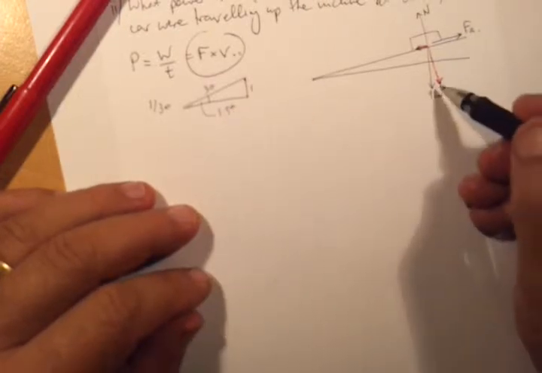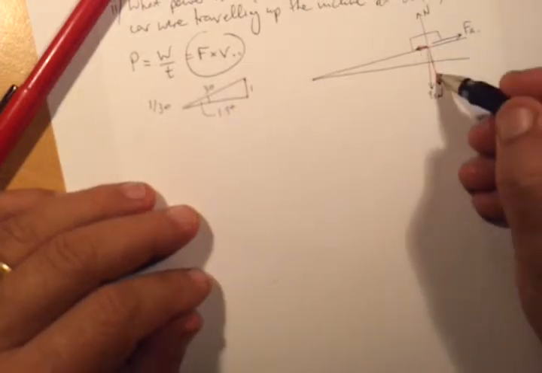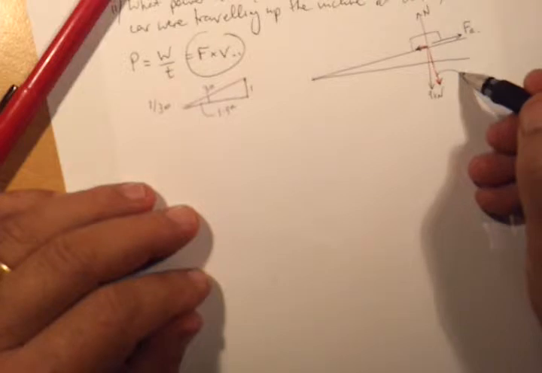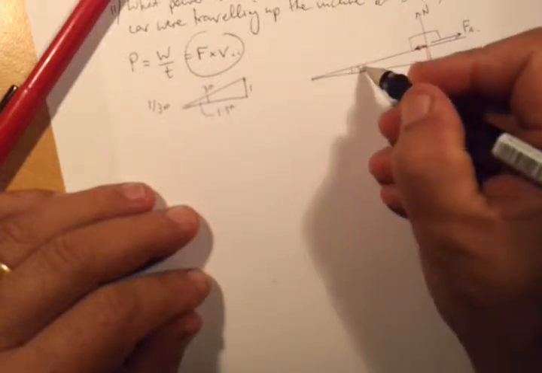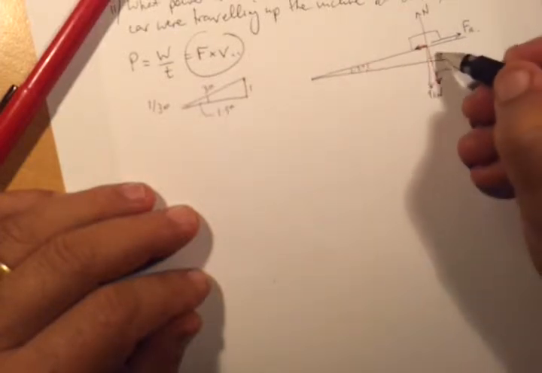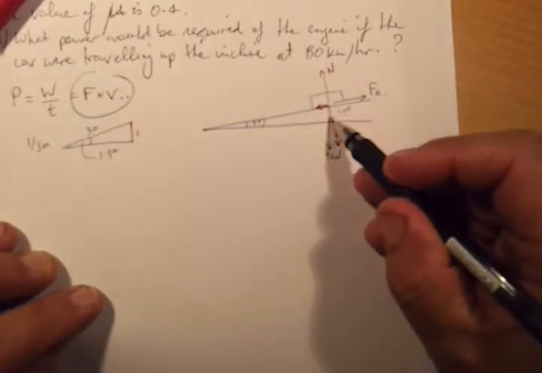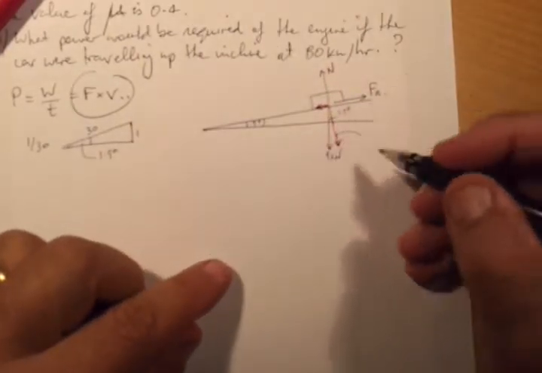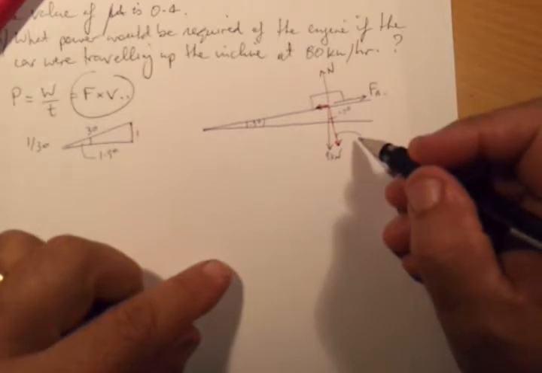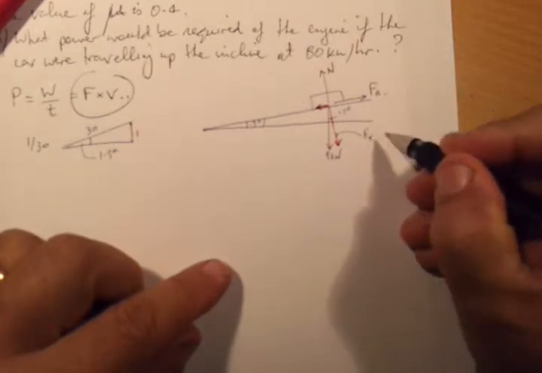Now let's do some calculations over here. These 2 forces over here, this vertical one, if this is 1.9 degrees, then this will also be 1.9 degrees. This little angle in here will be 1.9 degrees. This force flowing down here, let's call it force vertical.